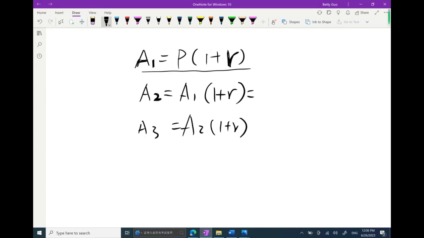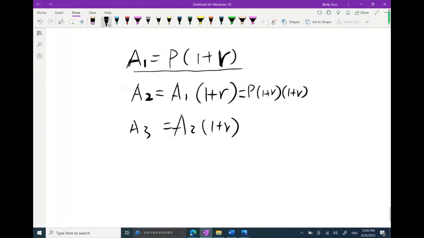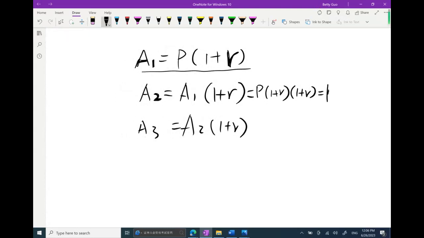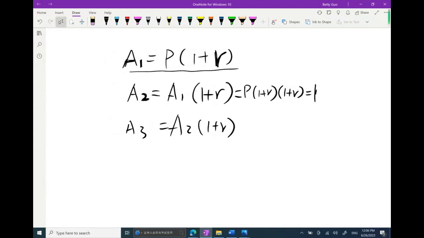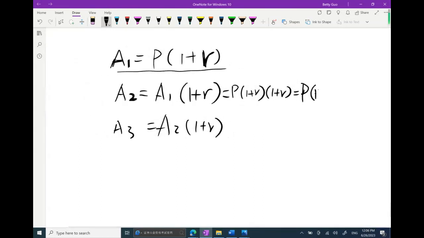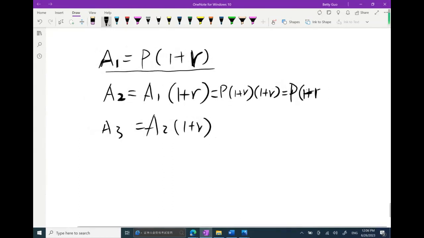A sub 1 is P times 1 plus R. So we're plugging in A sub 1 equals P times 1 plus R, and then times 1 plus R. And that gives us P times 1 plus R to the power of 2, right?